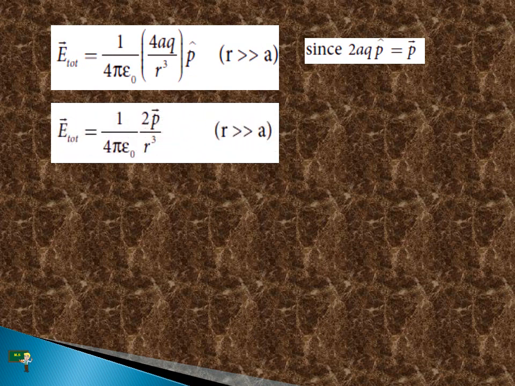E total is equal to 1 by 4 pi epsilon 0 into 2P. Instead of 4A cube, we substitute 2 into 2A cube. So we have this 2 here, and instead of 2A cube, we put 2P vector divided by R cube.